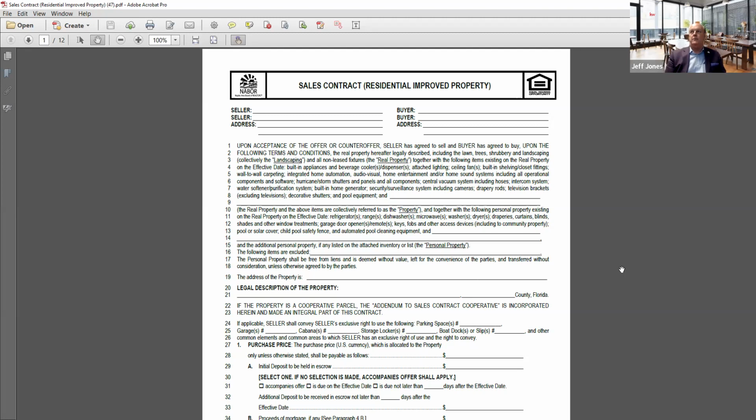So we went through a lot of extensive verification last week with the property appraiser's office to make sure we know who the seller is. If you're representing the buyer, you know who the buyer is. It's a great idea for you to get the personal information from your buyer as you're working with them, get their email addresses, get their cell phones, and find out how they plan to take ownership of the property.